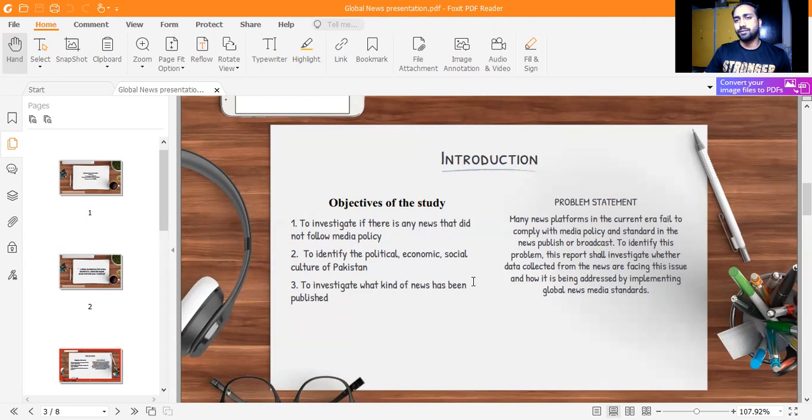The problem statement in our study is that many news platforms in the country have failed to comply with media policy and standards in the news published or broadcast. To identify these problems, we shall investigate whether the data collected from the news are facing this issue, and how it is being addressed by implementing global news media standards.